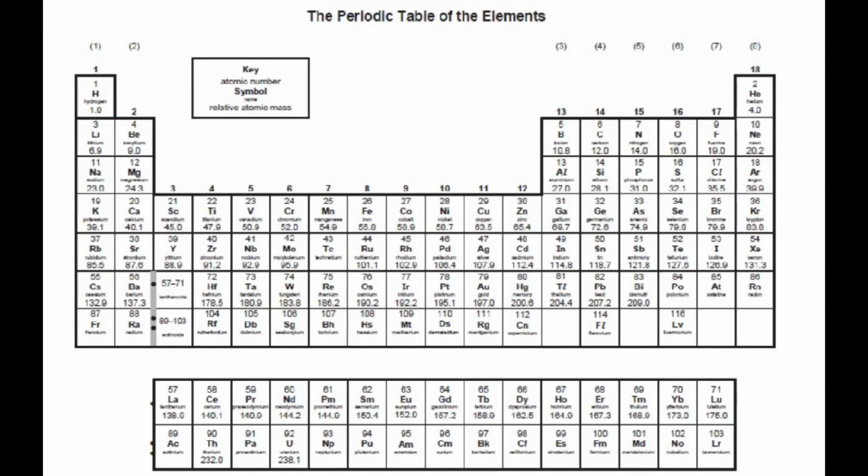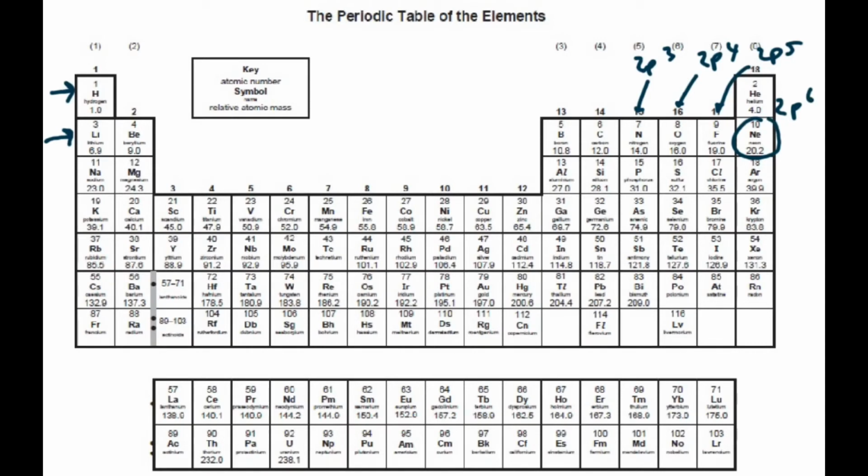We're now on nitrogen. So nitrogen is 2p3. So it's the first shell, first row, second row, 2p3. Then oxygen is 2p4, then fluorine is 2p5, and then neon is going to be 2p6.